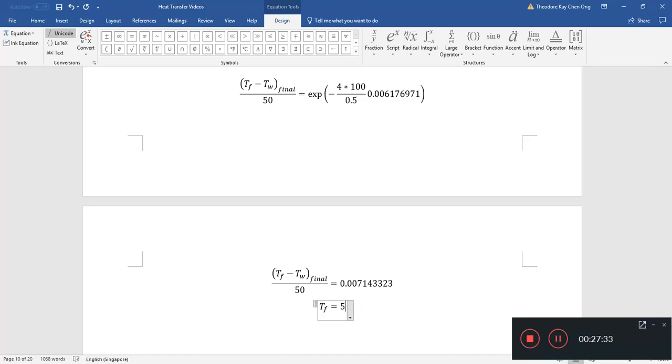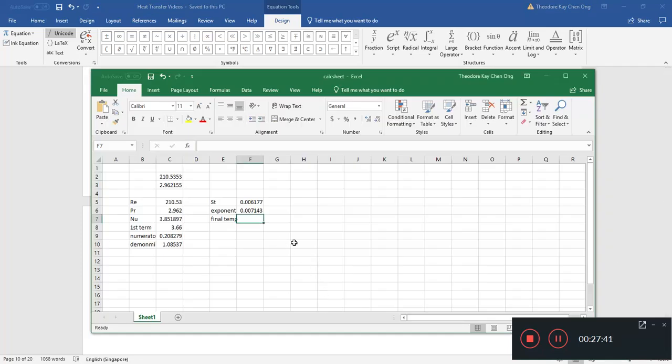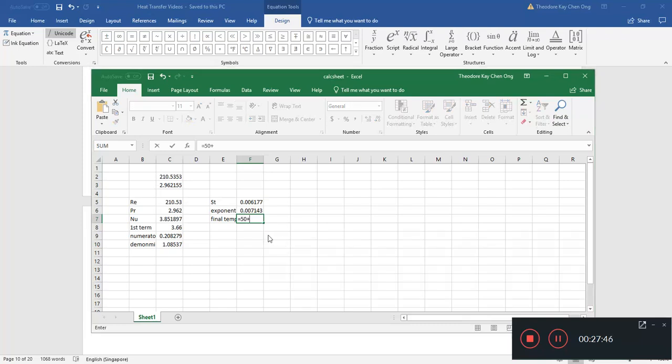So it's 50 times this exponent plus the wall temperature, which is 30.